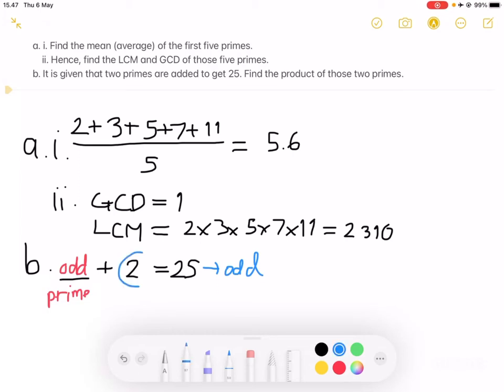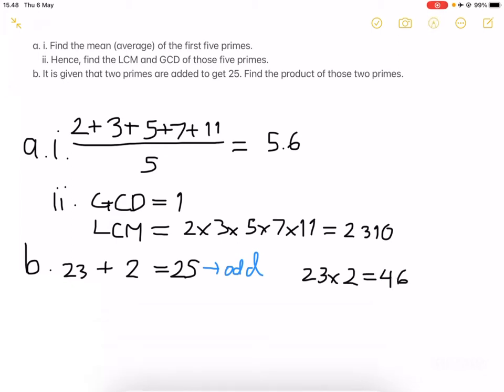So 2 is the only even prime here, and therefore the odd prime will be 23. Therefore our product will be 2 times 23, which will be 46.